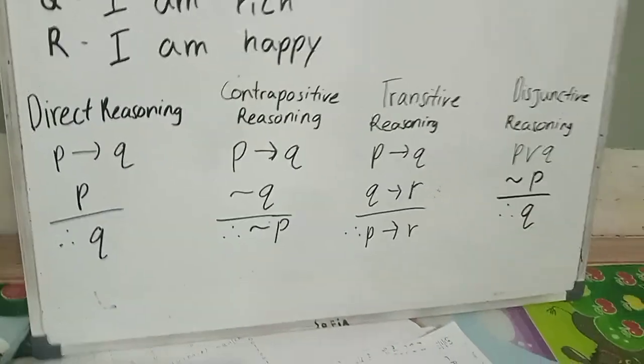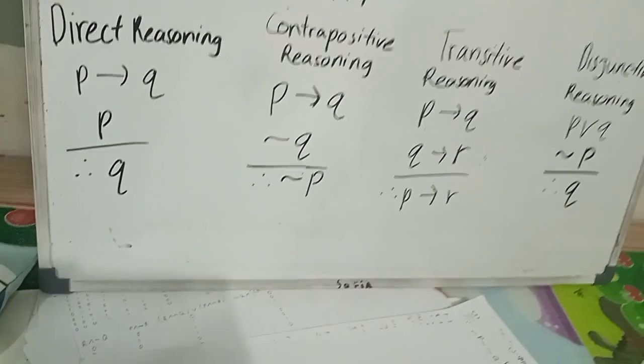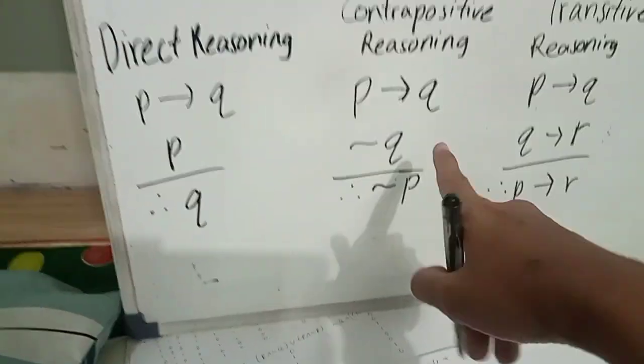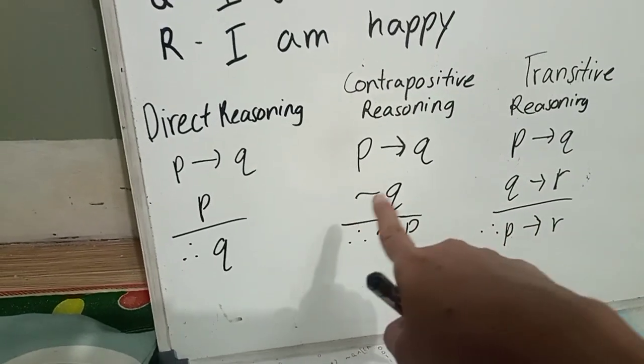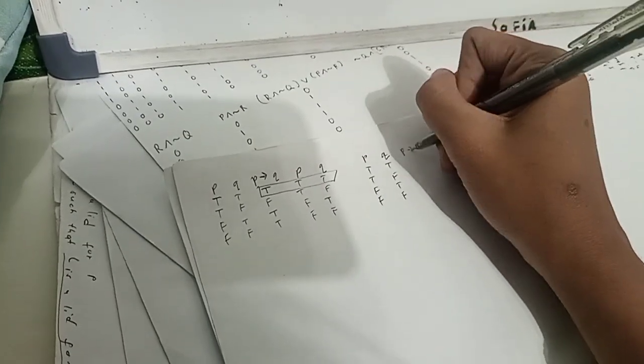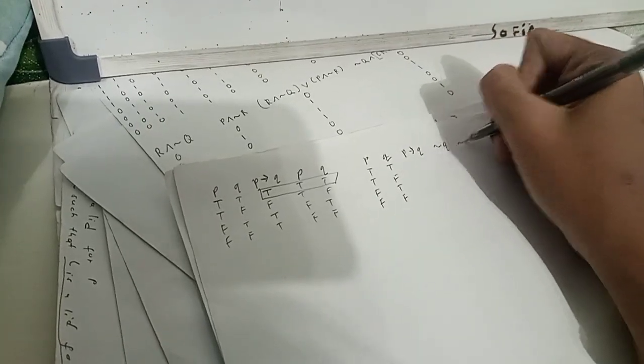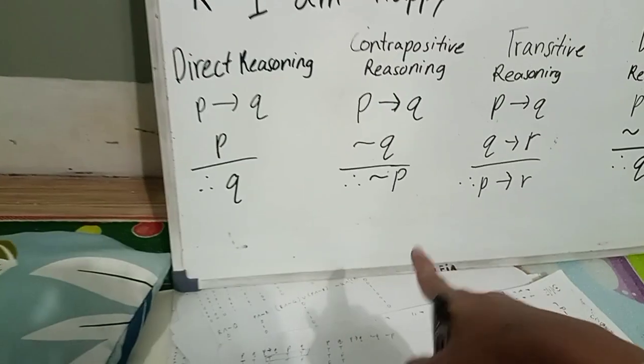For contrapositive reasoning, same here. We will also be using this P and Q. If P then Q, then negation of Q, therefore negation of P. So let's write the constants P and Q. If P then Q, same answer as here.